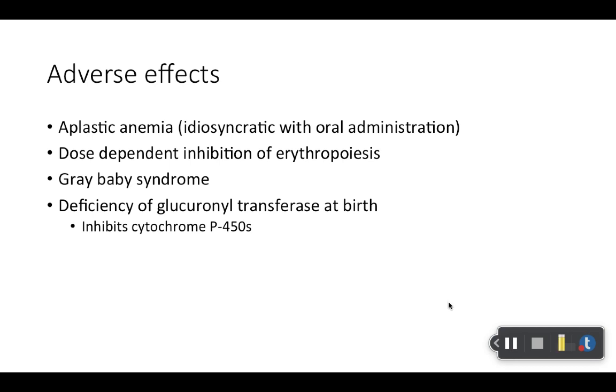It also has a rare but serious adverse effect when it's given to infants. It can cause gray baby syndrome, which again is a rare but serious adverse effect that's caused in newborn infants, especially if a baby is premature. So again, not first line.